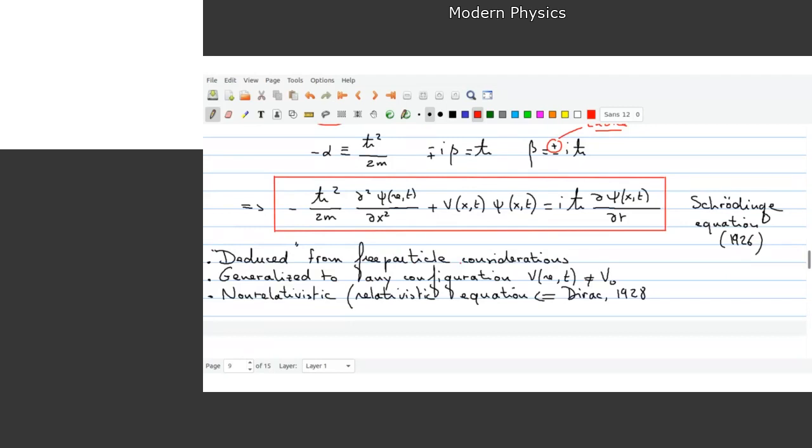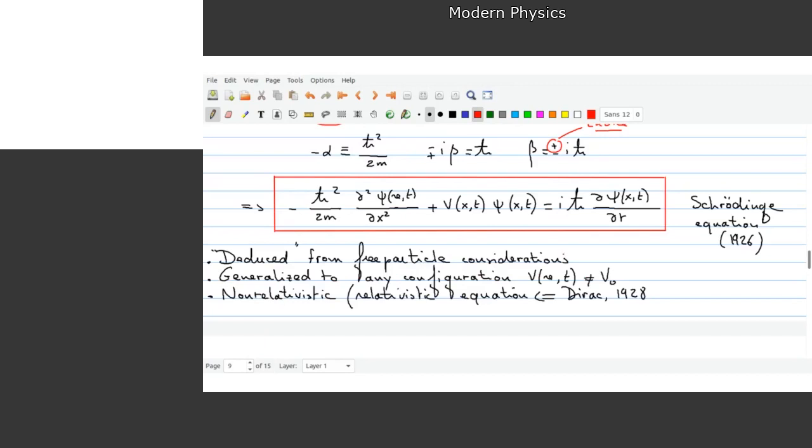So very qualitative, but very physical also. We have some good physical insight on how this wave equation works, and we have generalized it to any configuration of potential energy. And I said to you, this is it.